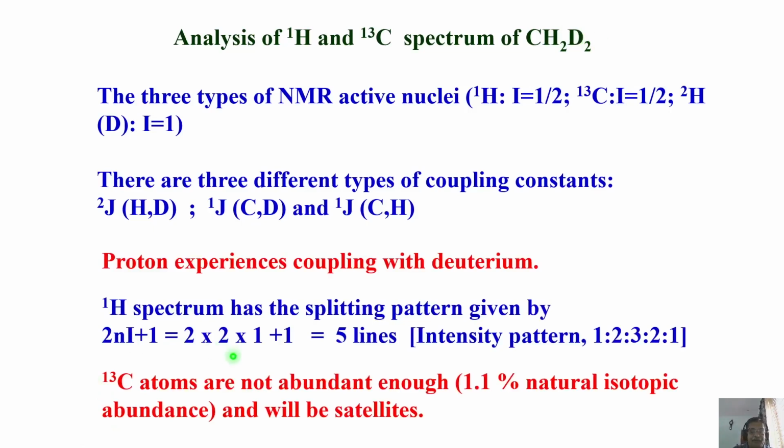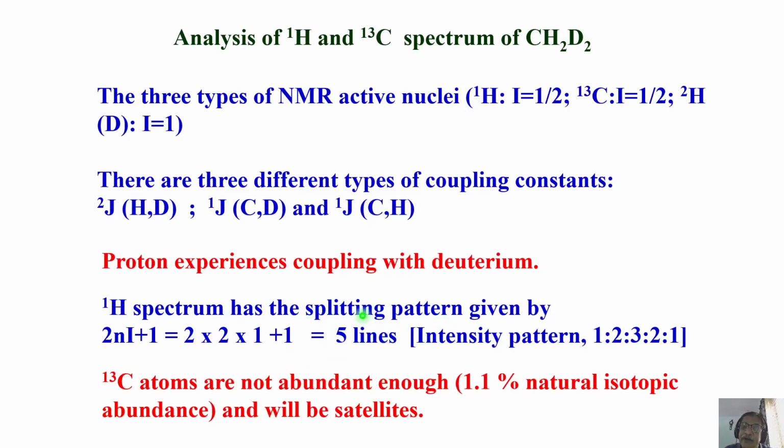Now, if you apply 2nI plus 1, there are two nuclei, so 2 into 2, the spin of deuterium is 1, plus 1. So you are going to get a 5 line pattern.